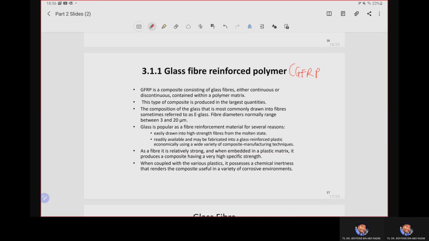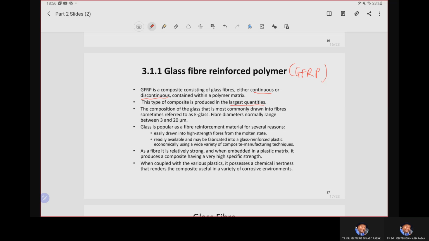The composite containing glass fiber, either continuous or discontinuous type, as dispersed phase within a polymer matrix. In the real world, this type of composite is manufactured at the largest quantity.